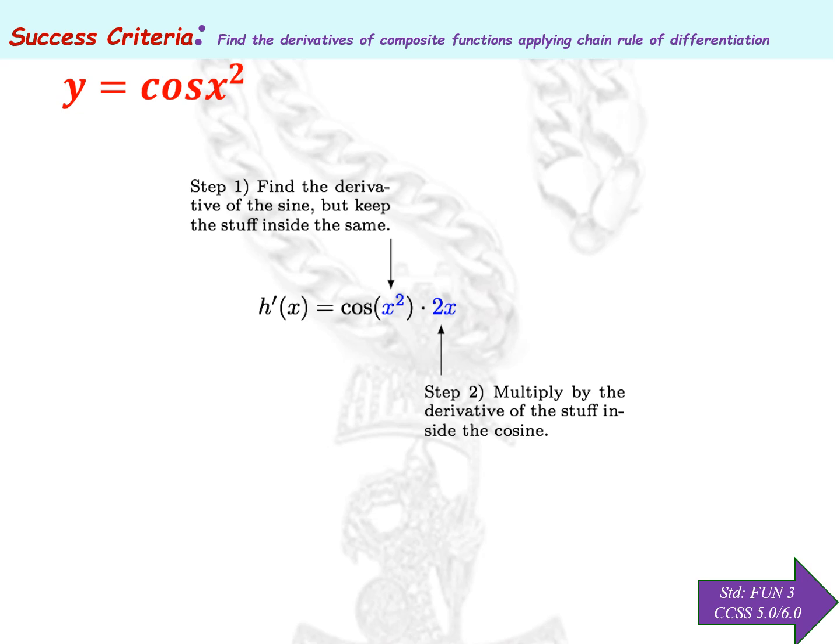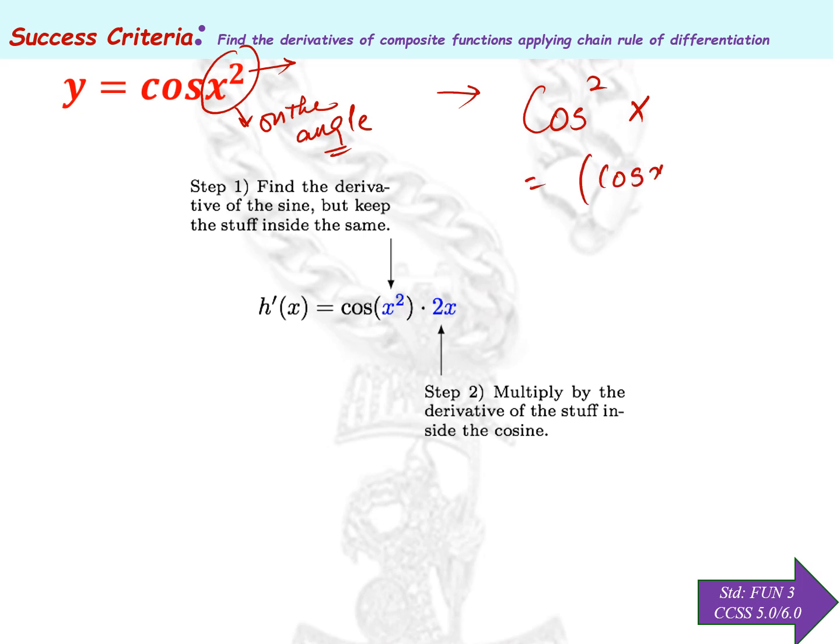What will happen if this is written? Now this power 2, you can see, is only on the angle, not overall. So try to understand the writing. If cosine square x is written, this means that cosine x has the whole power 2.